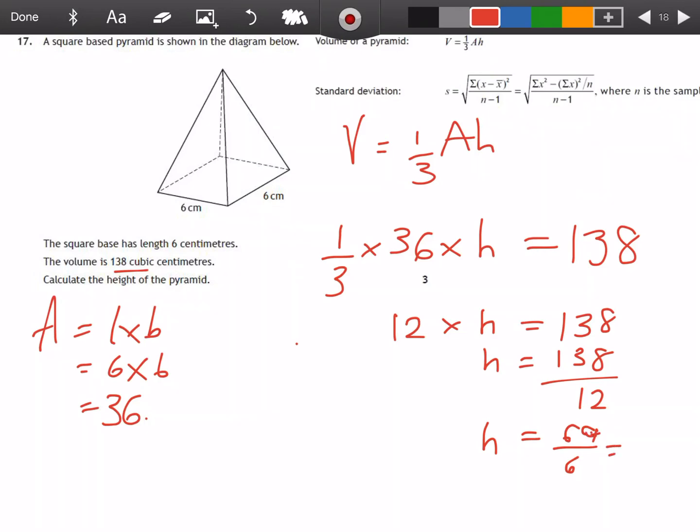I'm going to divide by 3 now. Divide by 3. 23 over 2, or if you want, 11.5. Okay, does it mention anything about it? No, so we'll say 23 over 2, or if you want, 11.5. Doesn't matter which way you leave it. Centimetres, yes.